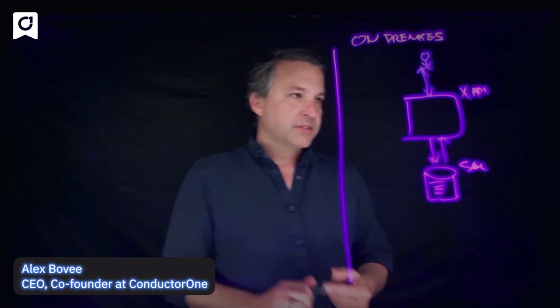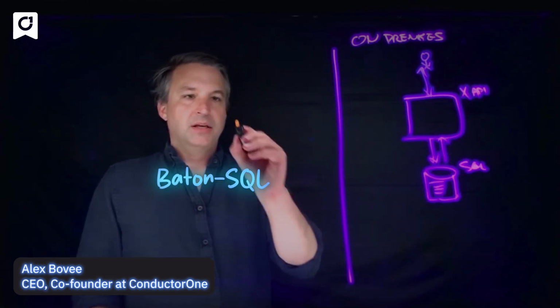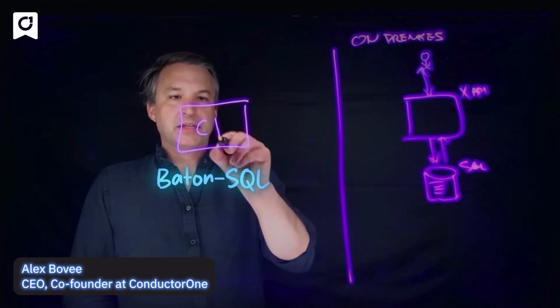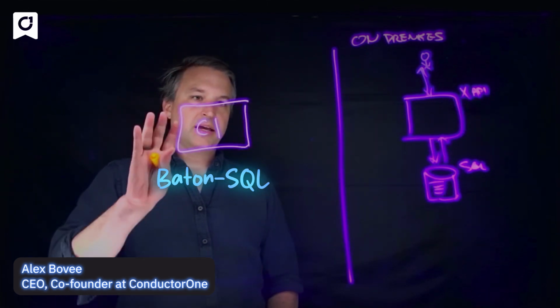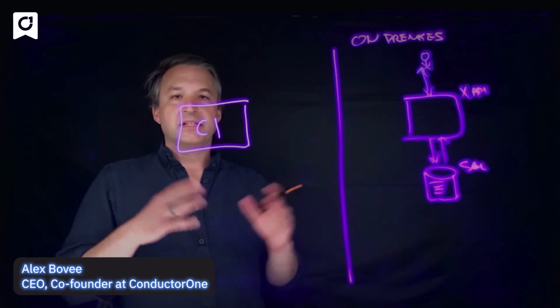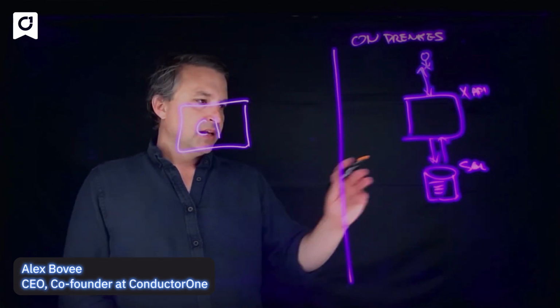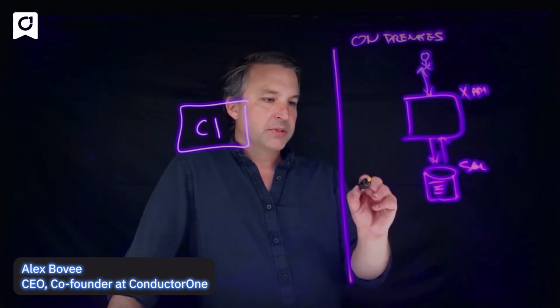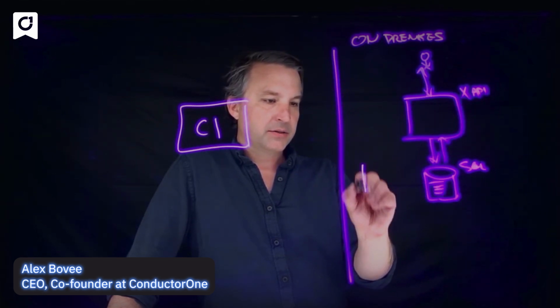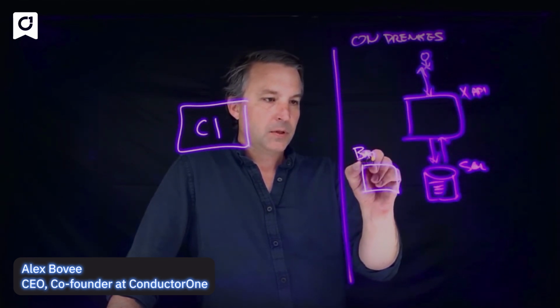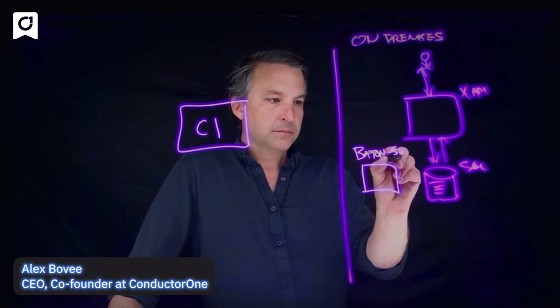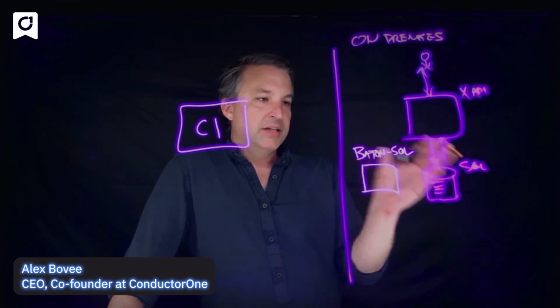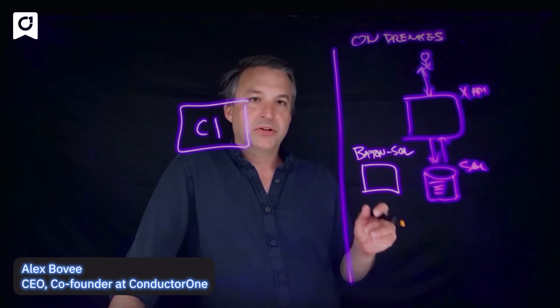That's where ConductorOne comes into play with Baton SQL. So ConductorOne's control plane is in the cloud. We can apply identity governance and identity security to any application. In this particular case, what we're going to do is we're going to deploy what's called a Baton SQL connector into your premises or hosted within your infrastructure.